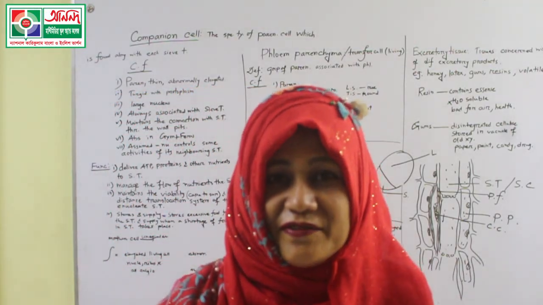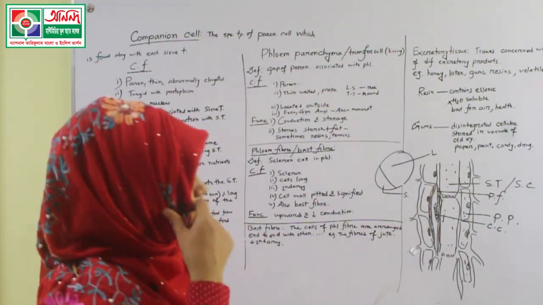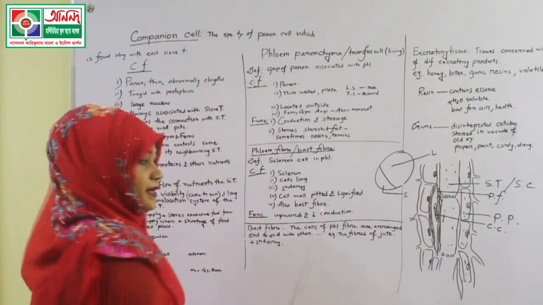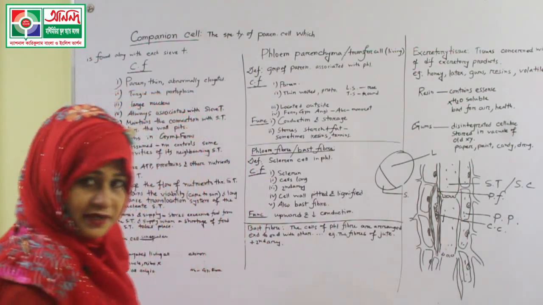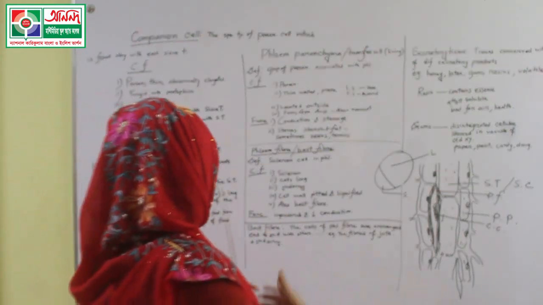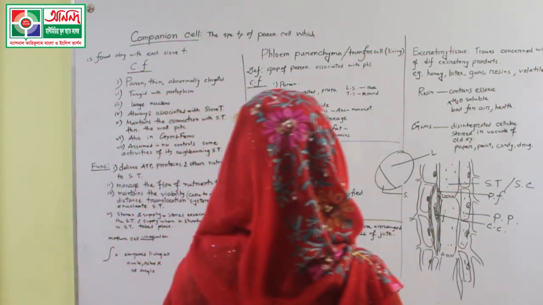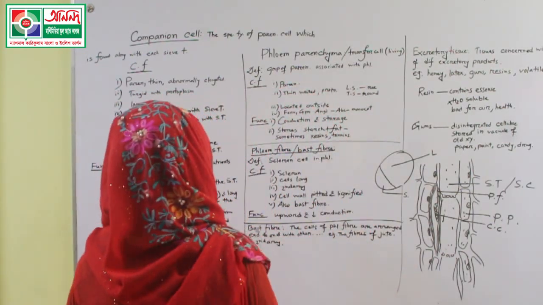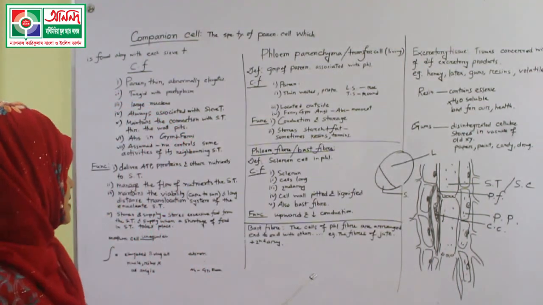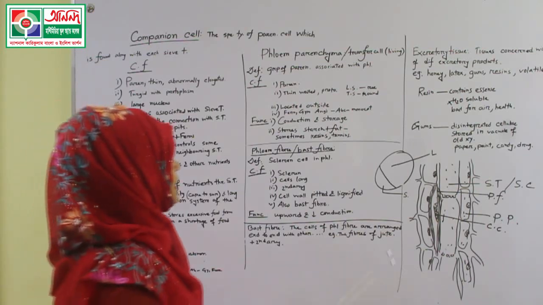An example of bast fiber is the fibers of jute, and in the bast fiber you will find secondary growth.